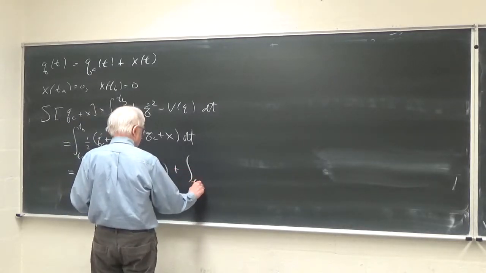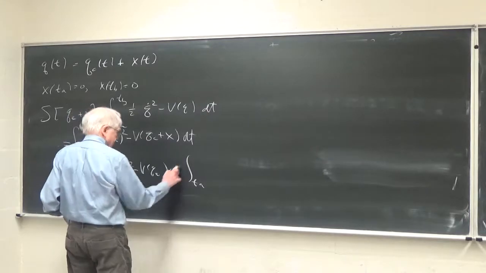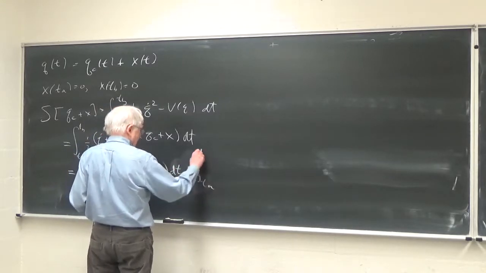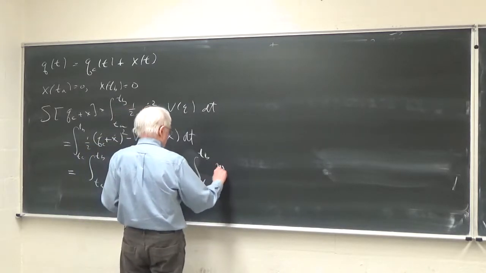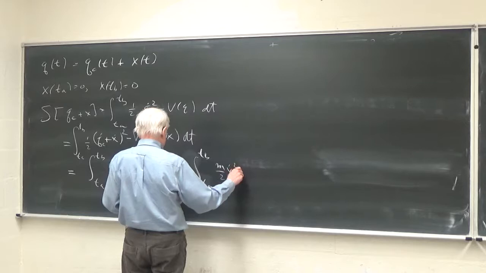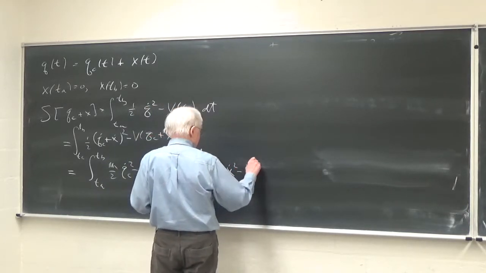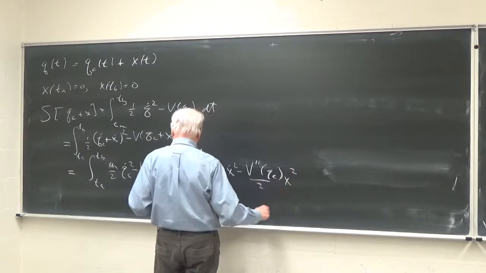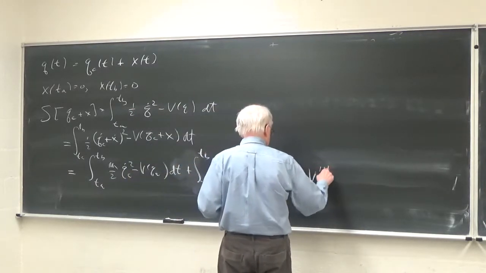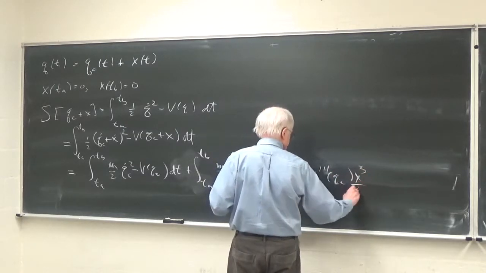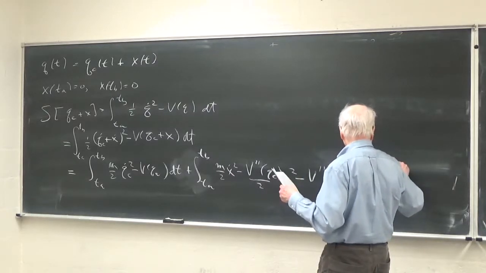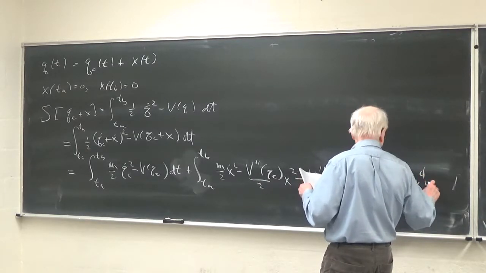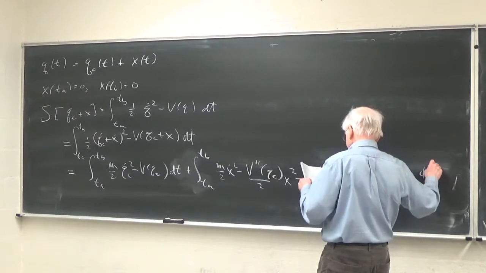plus the integral from t_a to t_b of m over 2 x dot squared minus V double prime of q classical over 2 x squared, and then higher terms, minus V triple prime of q classical x cubed over 6, and so forth, minus the fourth derivative of V at q classical over 24, x to the 4th, minus dot dot dot, dt.